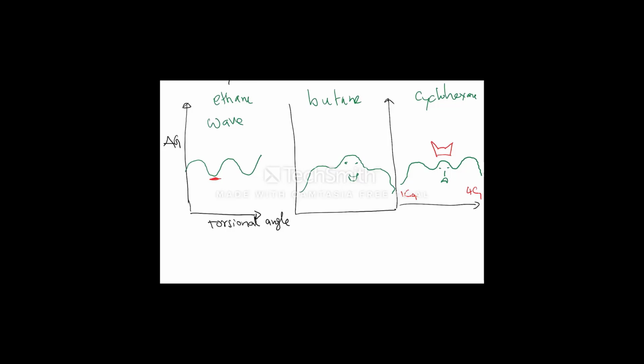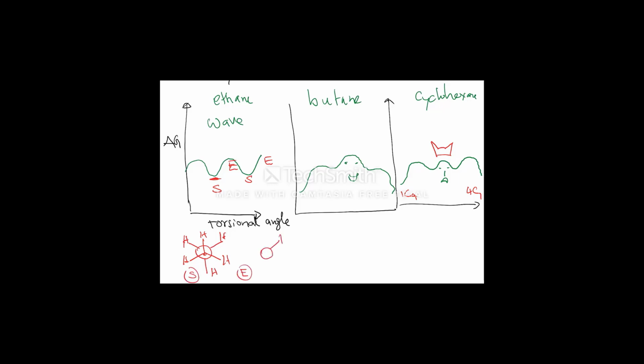So let's see again, ethane has two major conformations, high energy and high stability: staggered and eclipsed. So this is how you draw the Newman projection. The closest carbon is the dot with the 3 hydrogens, and the back carbon is the circle.